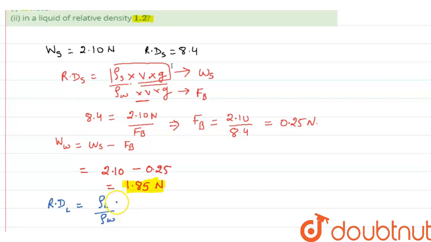So we can multiply by V into G in the numerator and V into G in the denominator. So the upper value will be equal to the buoyancy force of the liquid to the buoyancy force of the water, that we have calculated over here.